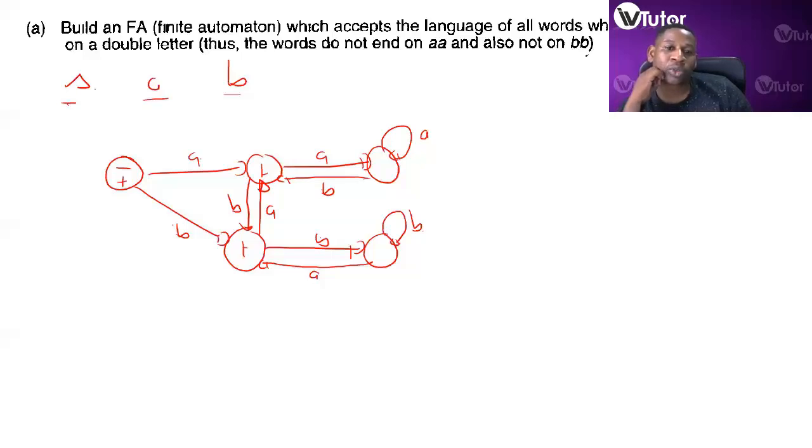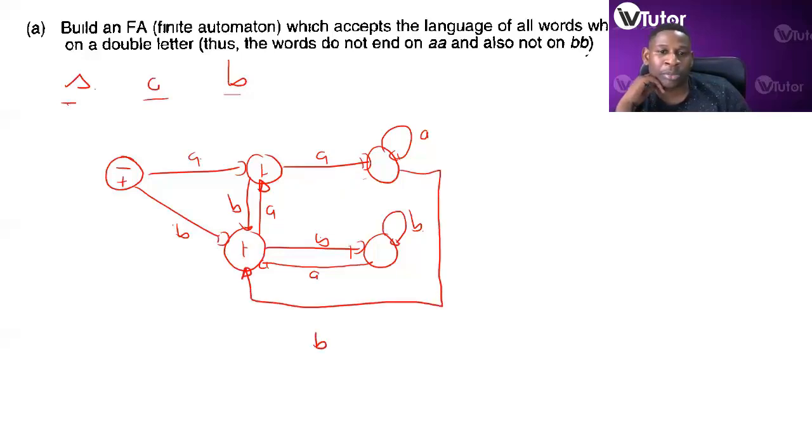So let's put our B over there, and if you have an A, because you now have an A going to a final state, let's rather do it like that.